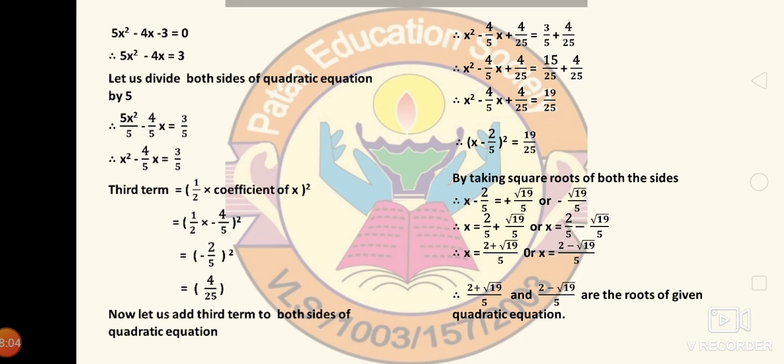So x is equal to 2 plus under root 19 upon 5, or x is equal to 2 minus under root 19 upon 5. These are the values of x, and that is your final answer. Therefore 2 plus under root 19 upon 5 and 2 minus under root 19 upon 5 are the roots of the given quadratic equation.